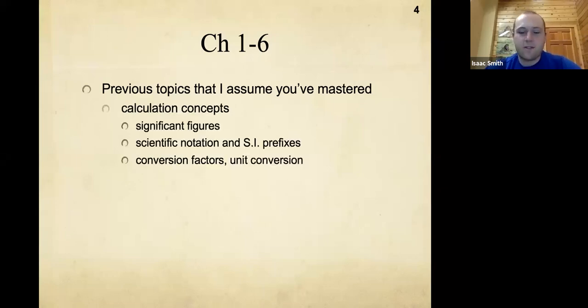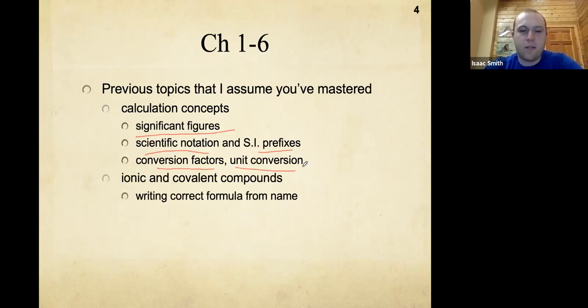So calculation concepts: you still have to think about sig figs every time you do calculations, be able to read scientific notation and the prefixes like milli and kilo, and be able to do conversion factors and unit conversions. In this exam, it's mostly converting between units, but those concepts are still going to apply.